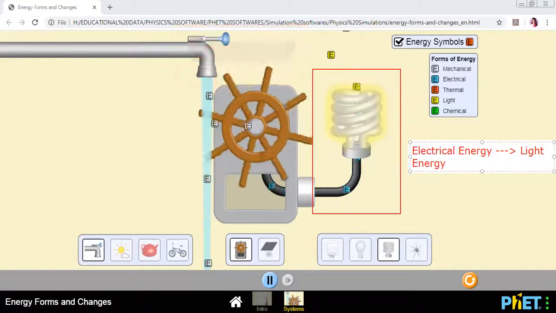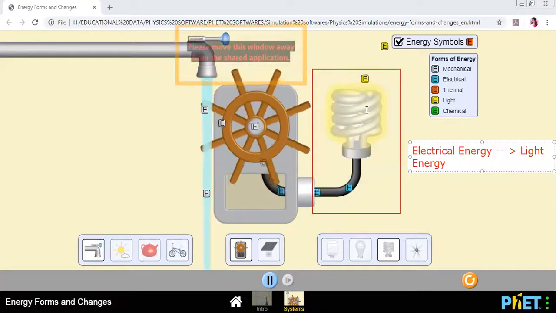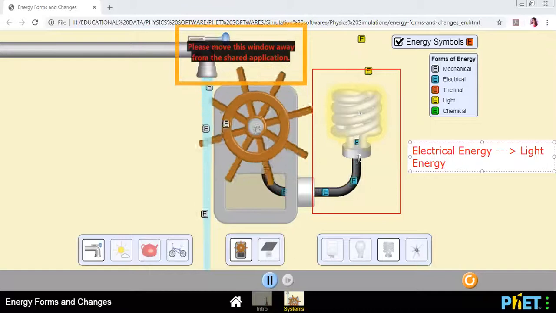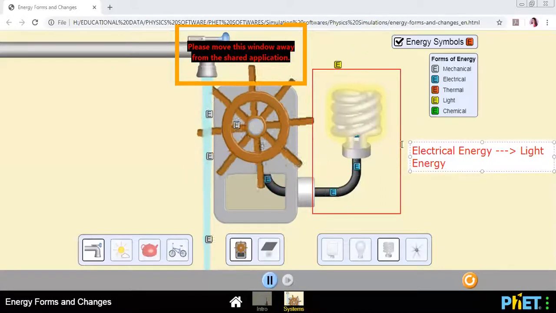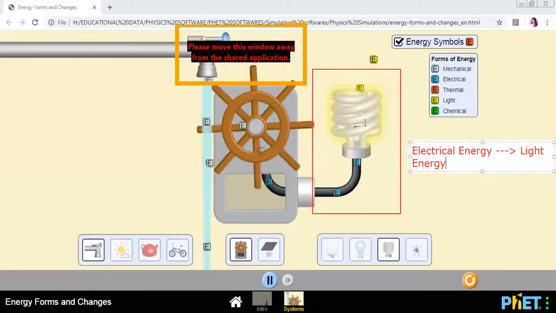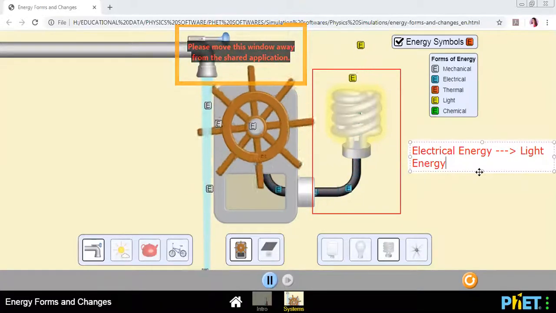Exactly. And as the electrical energy is getting directly converted, there is no conversion of electrical to thermal and then to light. It is directly converting electrical energy into light energy. Yes, some amount of light energy and a little bit of heat energy is also there. But there is no conversion from electrical to thermal first. It is electrical to light directly or electrical to thermal directly.